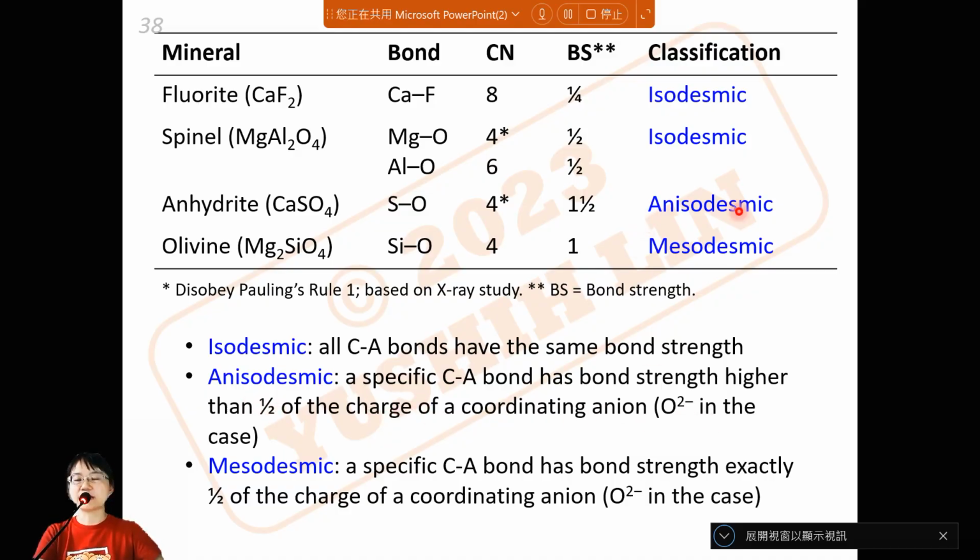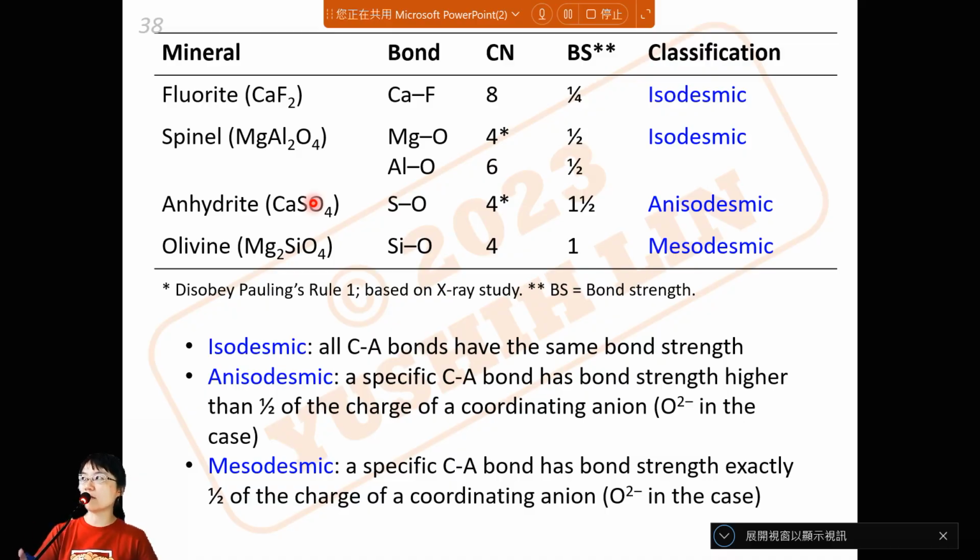So it's anisodesmic. If this mineral is to decompose, the sulfate here will not dissociate. If you try to dissolve it in maybe acid, base, or whatever, this bond here will not dissociate. They will remain together. But calcium will leave the other atoms. In nature, we see a lot of anisodesmic minerals.